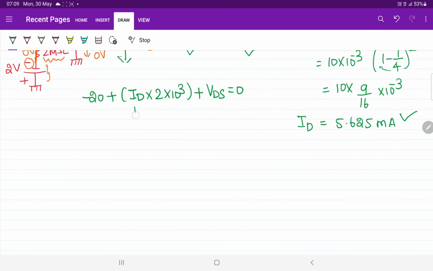Now you know the value of ID, just now we found it, that is 5.625 milli, meaning 10 power minus 3. Now we already have 10 power plus 3 and 10 power minus 3, it will become 1. Then again we have to multiply it by 2, then subtract it from minus 20. If I do that, the value of VDS comes to 8.75 voltage. That is the value of VDS that I am getting here. I hope you all understood.